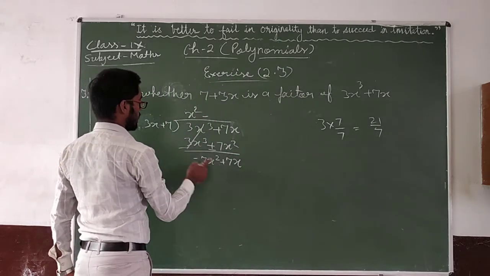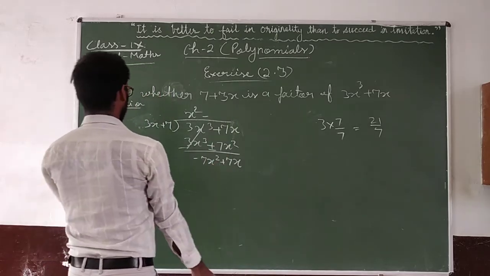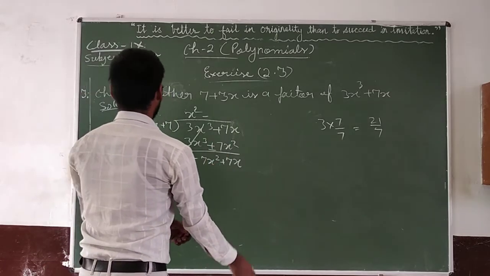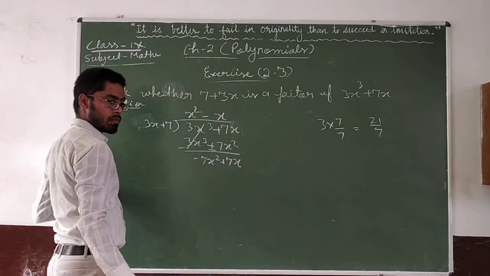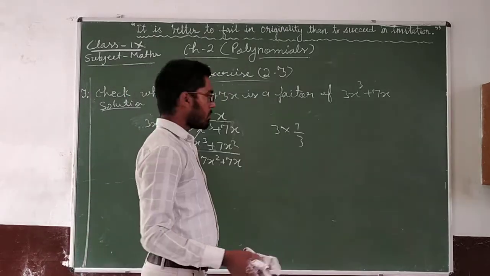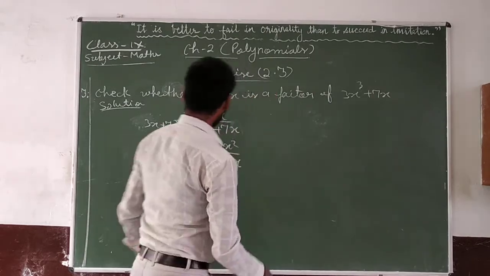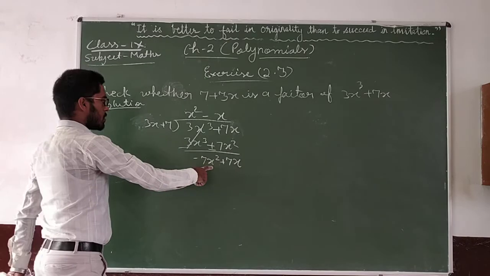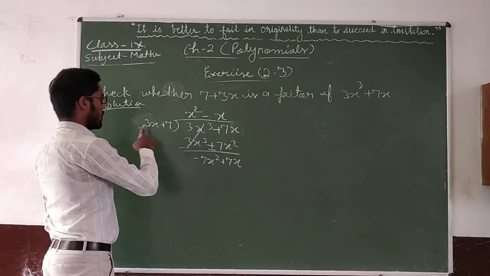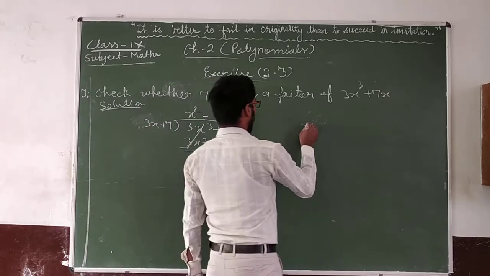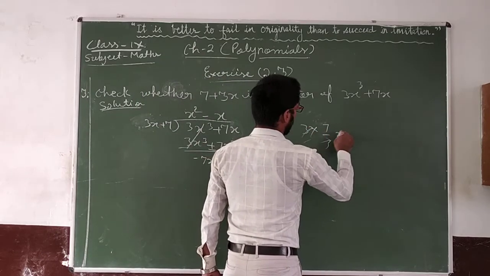And here is x, so you have required only x. So here for x square you have only x, so only x is required. And here is 7, you have 3. So what is required? When you multiply this 3 by 7 by 3, then you will get only 7.